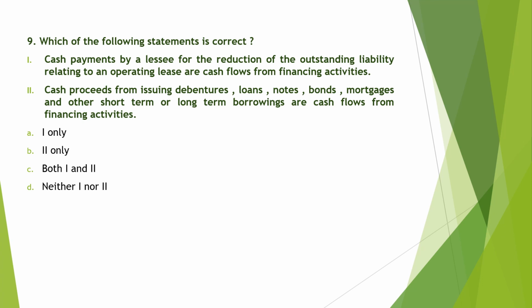Kasi nga, borrowings to. So, nag-issue ka ng debentures, loans, notes, bonds para makautang ka. So, may natanggap kang pera. So, therefore, yung cash inflow na yun classified as financing activities because it results to changes sa liability ni entity. So, the correct answer for number 9 is letter B, 2 only.